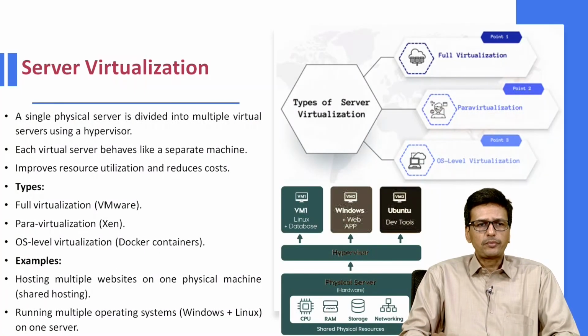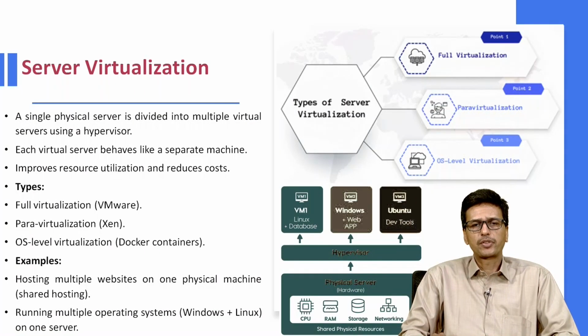Now we will see the different types of server virtualization, which is an important concept. Broadly it is categorized into 3: full virtualization, para virtualization, and OS level virtualization. The same concept from the previous slide can be observed here in the figure. At the bottom is the very high configuration hardware.